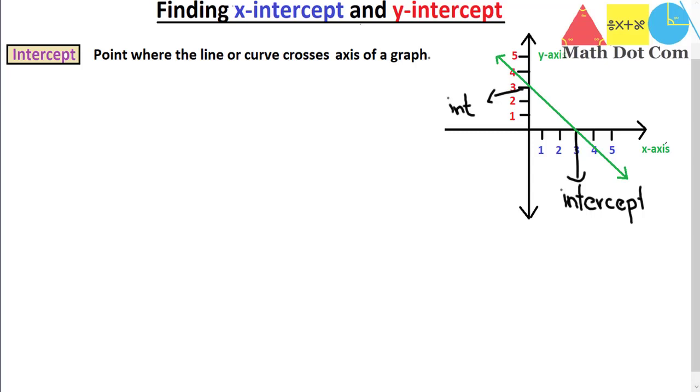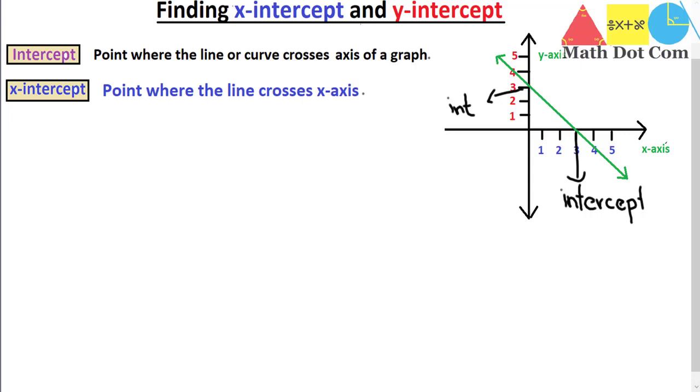Now let's differentiate between the x and y-intercept. The x-intercept is the point where the line crosses the x-axis. Let's check from the graph where the x-intercept is. This is the point where the line is crossing the x-axis. This is the x-intercept.